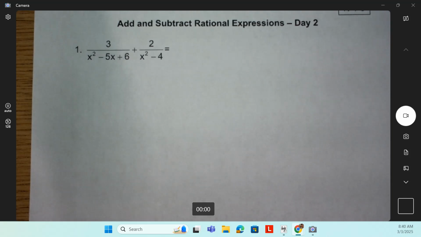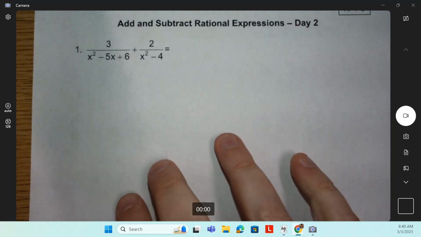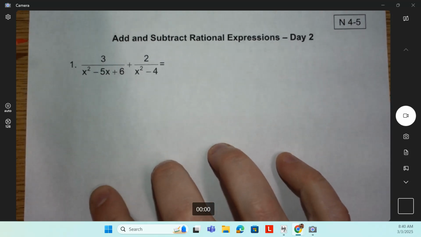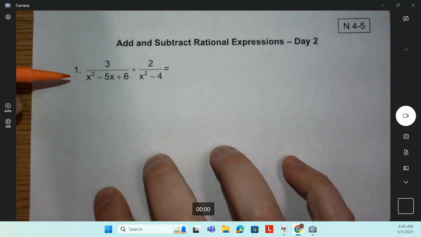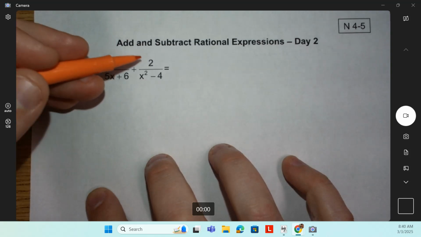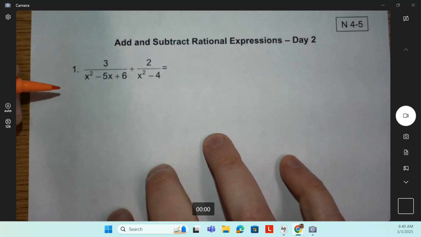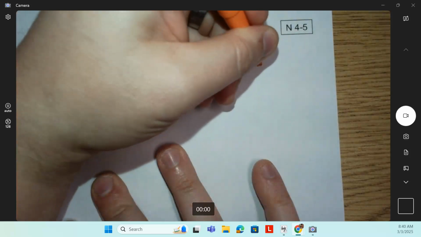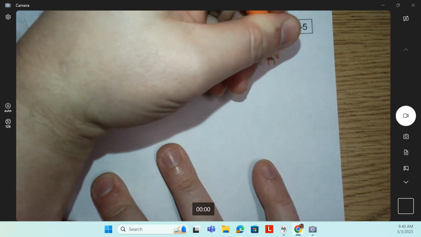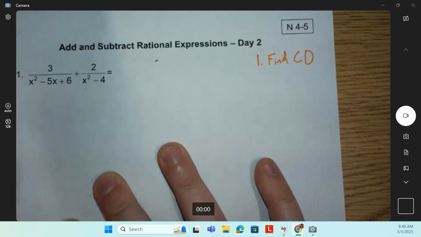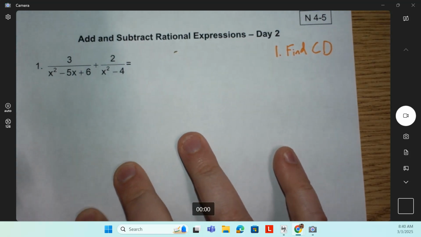All right, so going over adding and subtracting again with rational expressions, specifically using fractions here. When we are adding or subtracting, the first thing we're always going to do is find a common denominator.